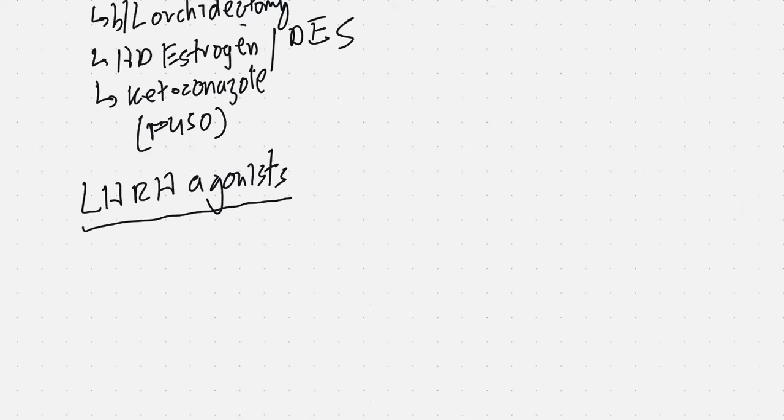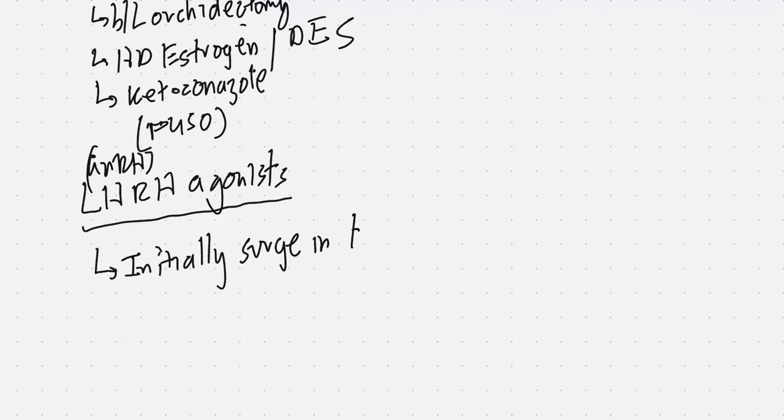So basically, as expected, initially, because this is a gonadotrophin releasing hormone, right? So basically, what happens initially, so this is also known as GnRH agonists, right? Initially, there's a surge in testosterone. Okay.